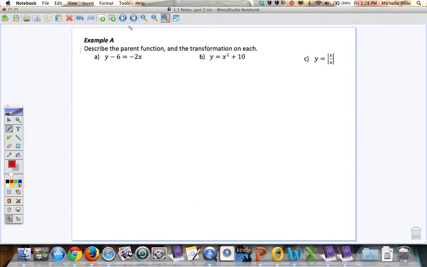So in this case, this is like y equals negative 2x plus 6, which means this is, with the negative, it's reflected across, and it's a negative in front of the x, the y-axis.